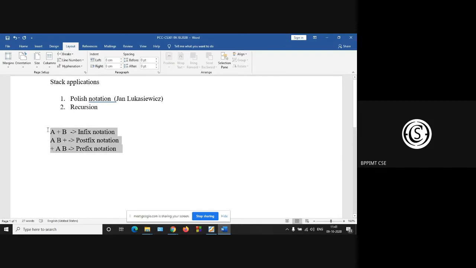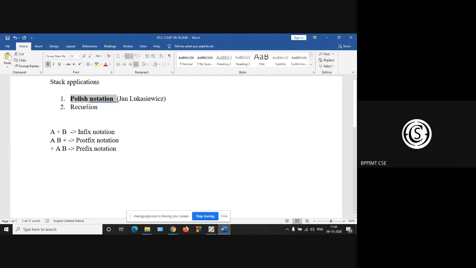That's why these are called the Polish notations. So in your exam, the infix notations are given, and you have to convert this infix to postfix. This is the main question.